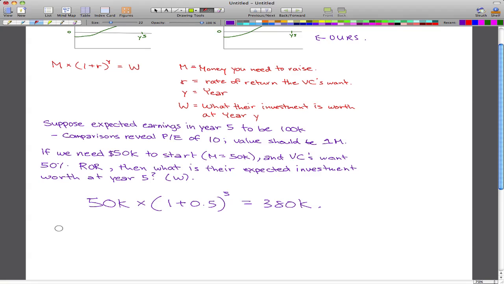Therefore, we expect to provide them with 38% of our equity for a 50K investment.